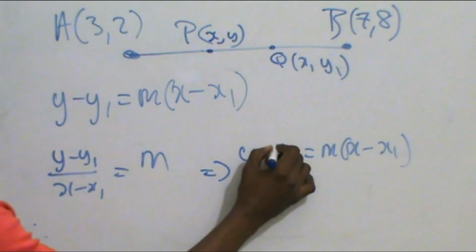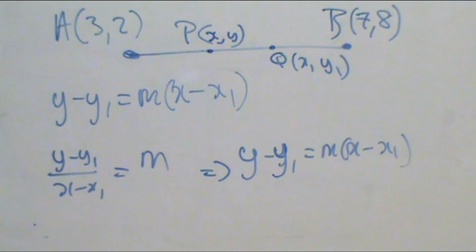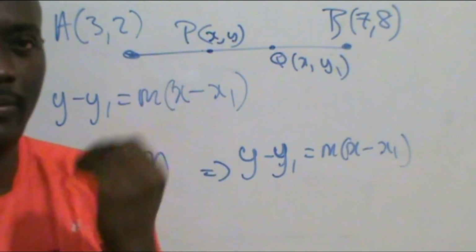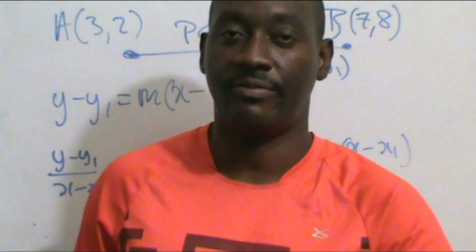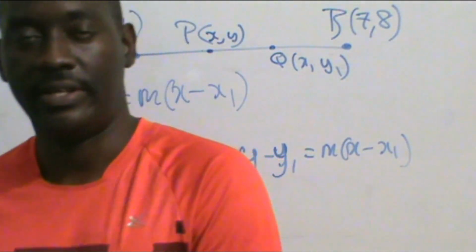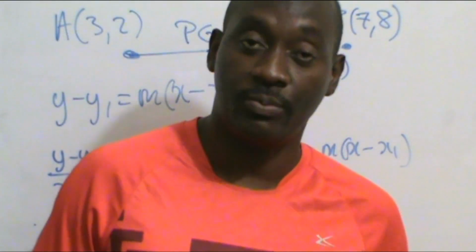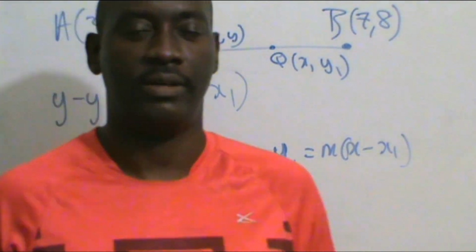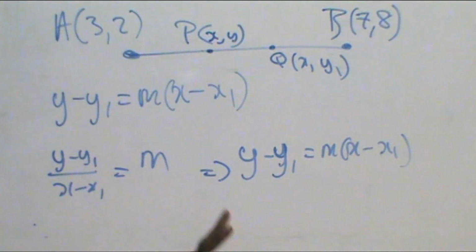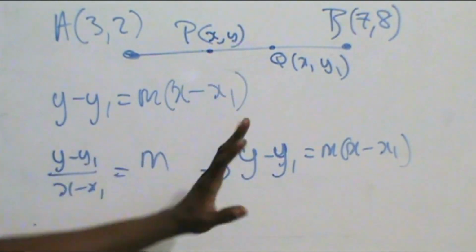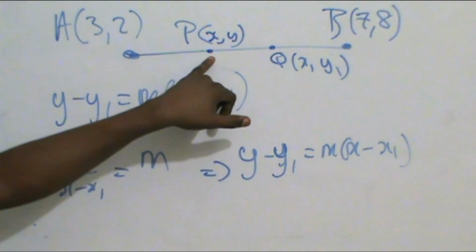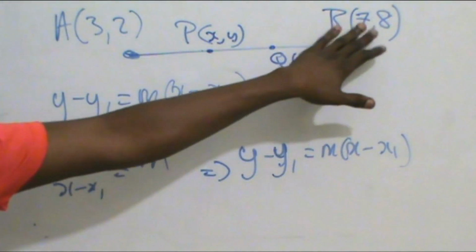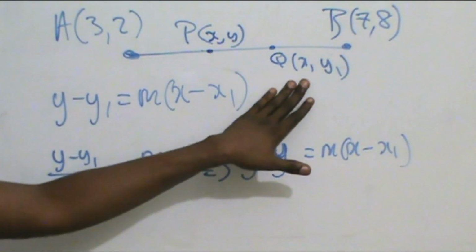Alright? So we went through the procedure here. Just remember that the equation is derived from the gradient. And the gradient is derived from any 2 points. We can have one general point and another known point. Alright? Of course, the general formula being derived from 2 general points. So all we do is we consider the general point (x, y) and we make one of these 2 points to be the (x1, y1).